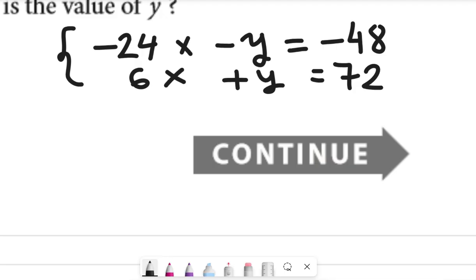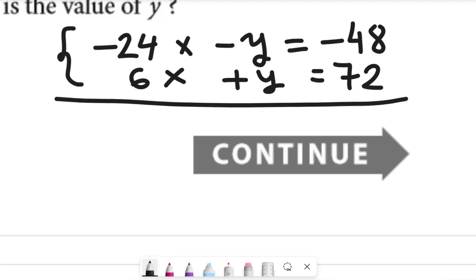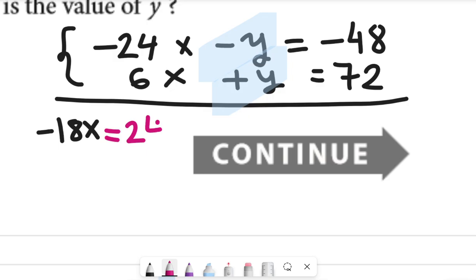What do we get when we add them here? Minus 24x plus 6x will be minus 18x. Negative y, positive y, they cancel each other out, is equal to minus 48 plus 72, which is 24.